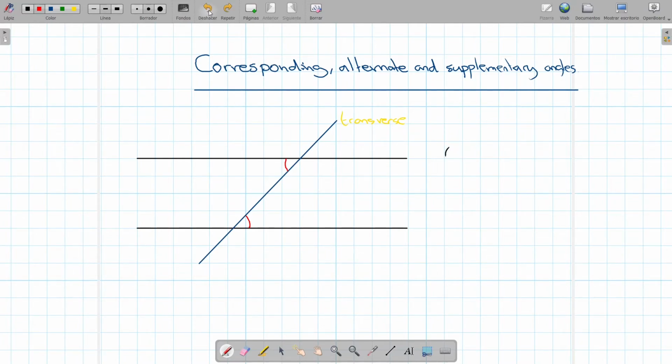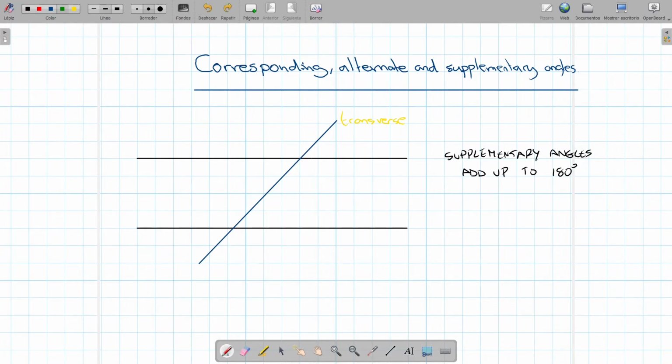And last but not least, we have the supplementary angles. Supplementary angles are those that add up to 180 degrees.